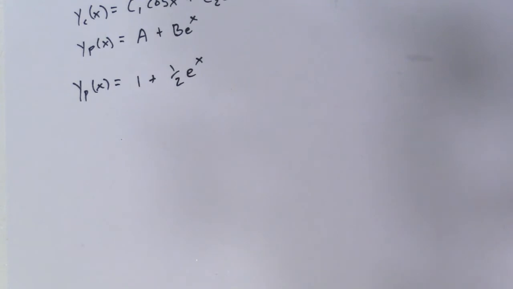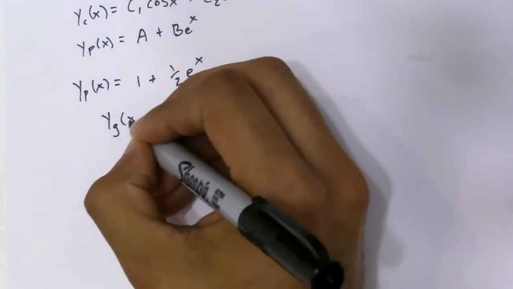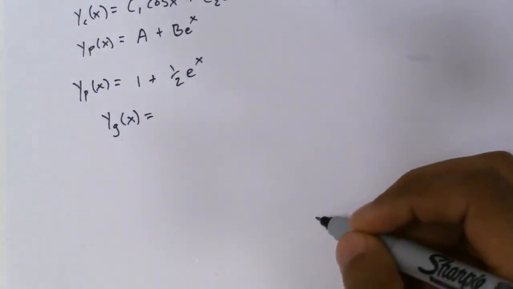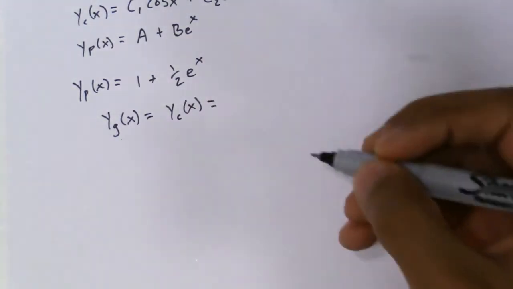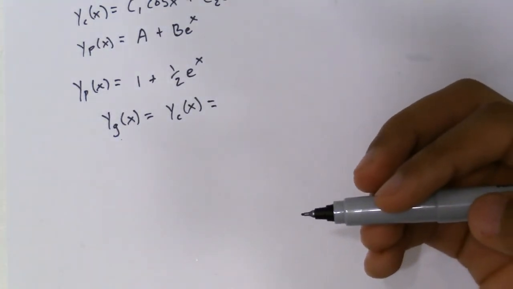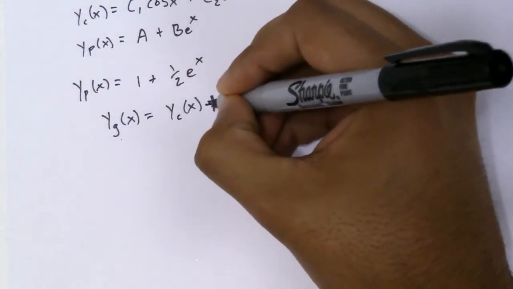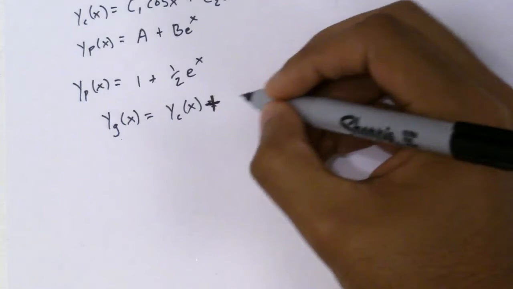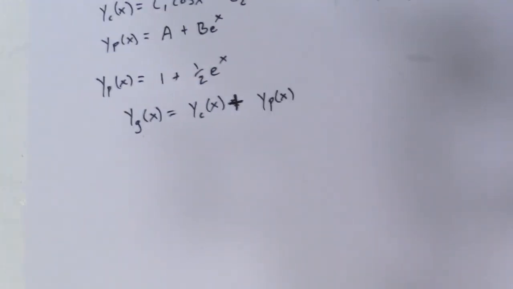Now for this problem, since it's non-homogeneous, we could say that the general solution, I'll say yg of x, is simply yc of x, the complementary solution, which is just the solution of the homogeneous equation. Oh, my bad, that's a mistake right there. And you add this to the particular solution, and you get the general solution.